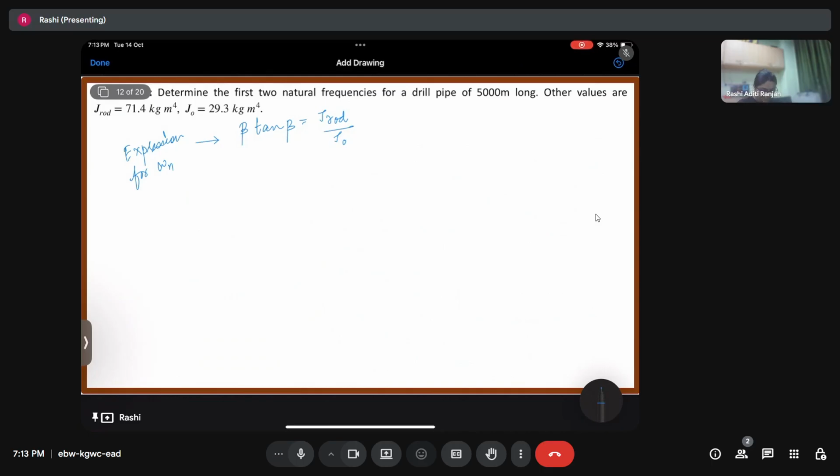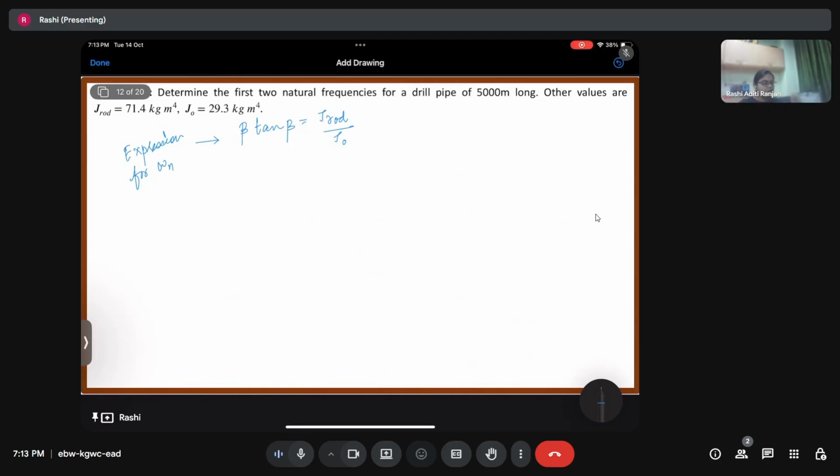Now, we don't know how to solve it. If it would have been an algebraic equation of order 2 or 3, we could have solved it because we know the technique. But for this case, we don't know.